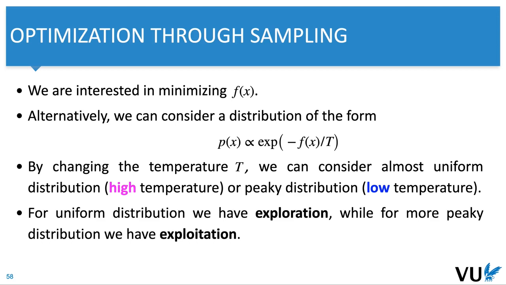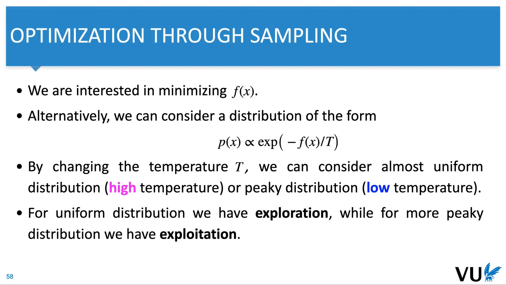But in fact, we can consider a distribution of this form, so the Boltzmann distribution, that we have this negative objective divided by temperature. And by changing temperature, we can consider almost uniform distribution if temperature is really high, because then, you know, we flatten it. Or it could be very peaky, so it's something like directing only once when the temperature is low, okay?